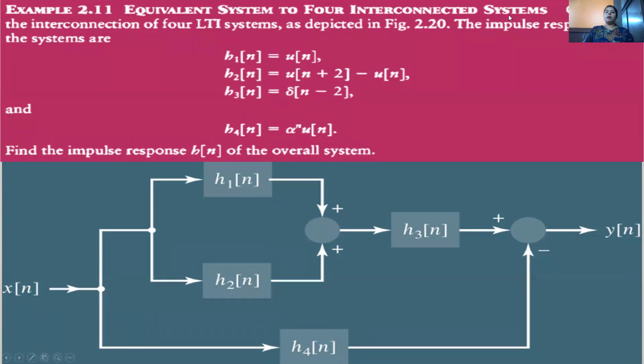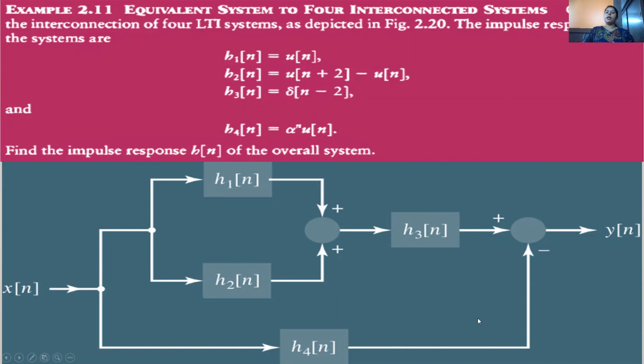Just see what the question says. They are going to give the individual impulse responses H1, H2, H3, H4. They are telling us to find the overall impulse response H of n, that is, this entire system's response, where the input is X of n and the output is Y of n.